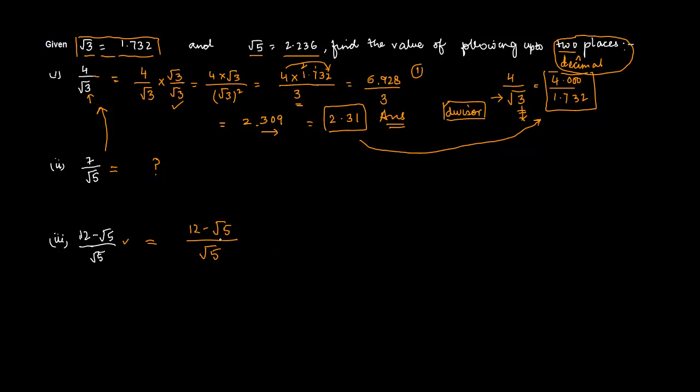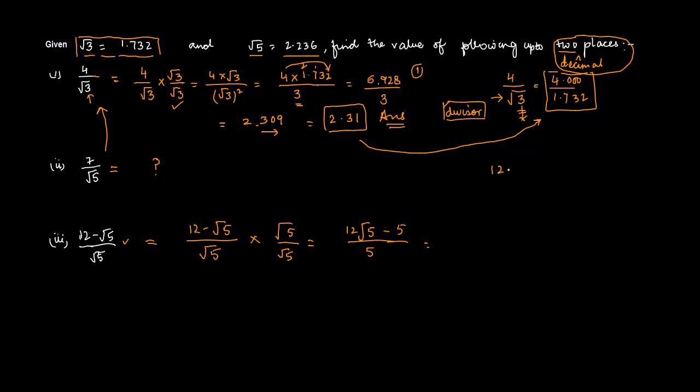Again, to remove the denominator, I multiply both of them by root 5. So this will give me 5 in the denominator. In the numerator, what do I get? Root 5 into 12 is 12 root 5, minus root 5 into root 5, which is 5. Right? So 12 root 5.